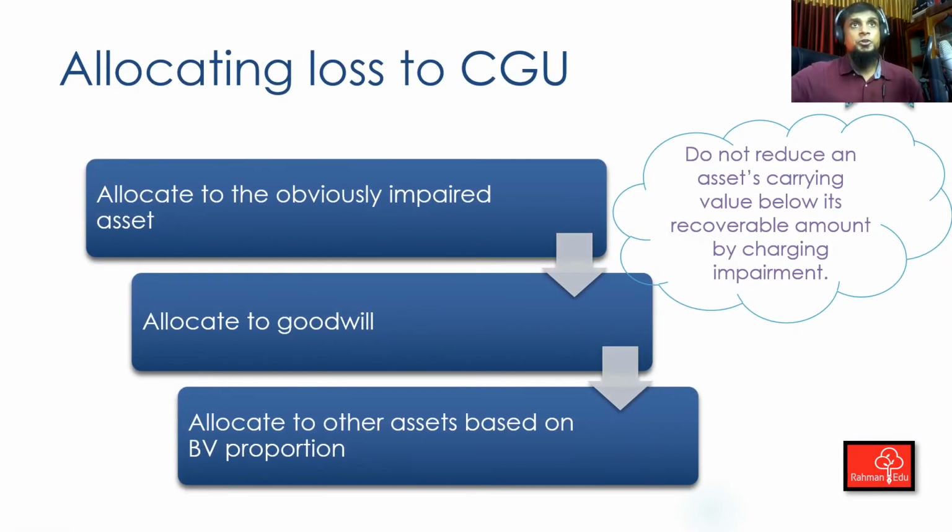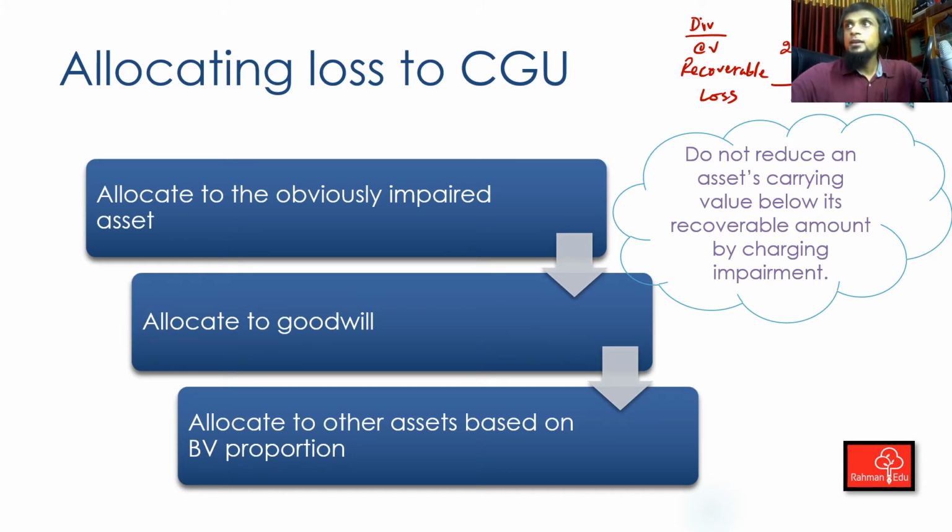Now, allocation of impairment loss. How do I allocate impairment loss to my assets? All right, come to this. First of all, when your cash generating unit is impaired, let's put the cash generating unit over there. This is my division. Carrying value was $25 million, recoverable amount 22, loss $3 million.